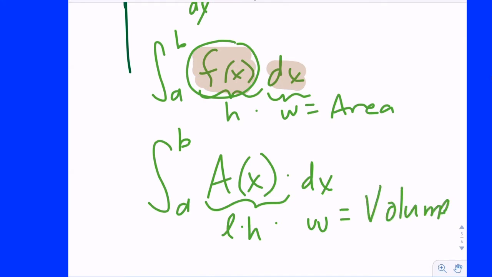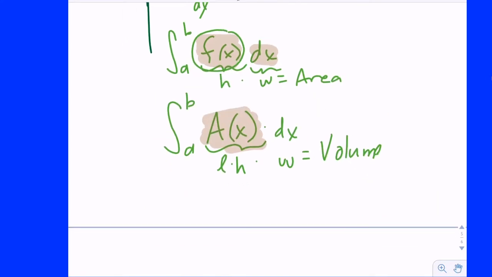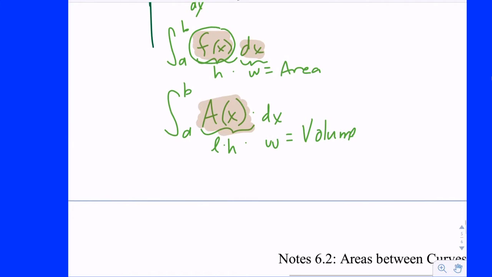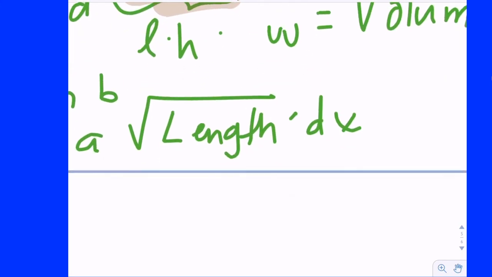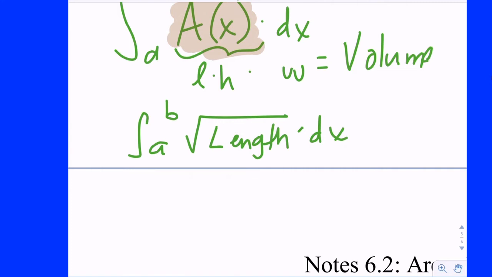Now, the key is, are you able to write the equation as a function of a single variable for the thing that you're going to be integrating? BC, sorry, y'all are also going to do this. You're going to write an equation for the square root of length times dx. Now, what does the square root of length give you?